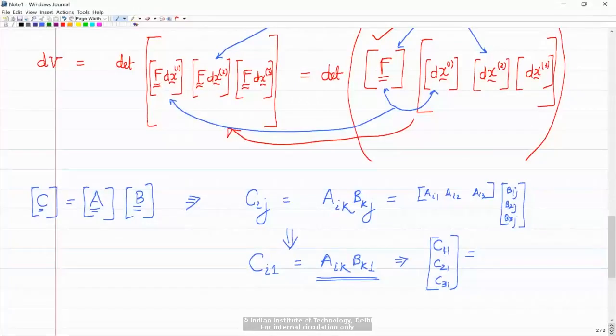So if that is the case, and I want C11, what will be C11?